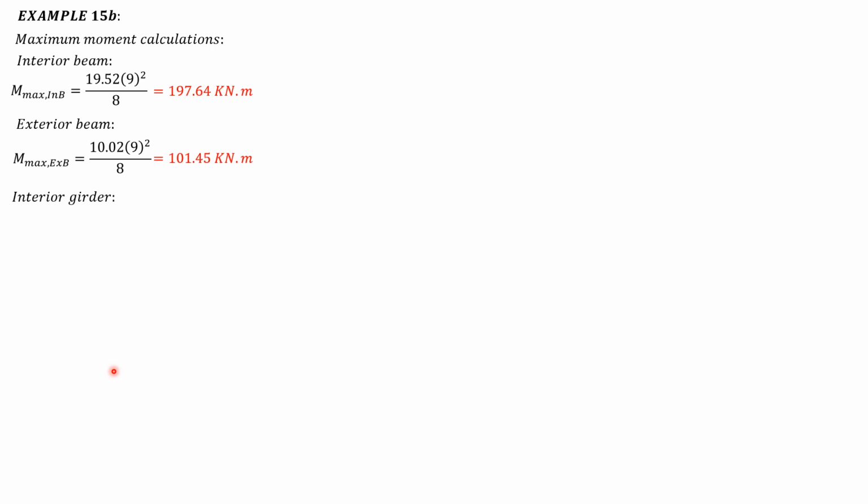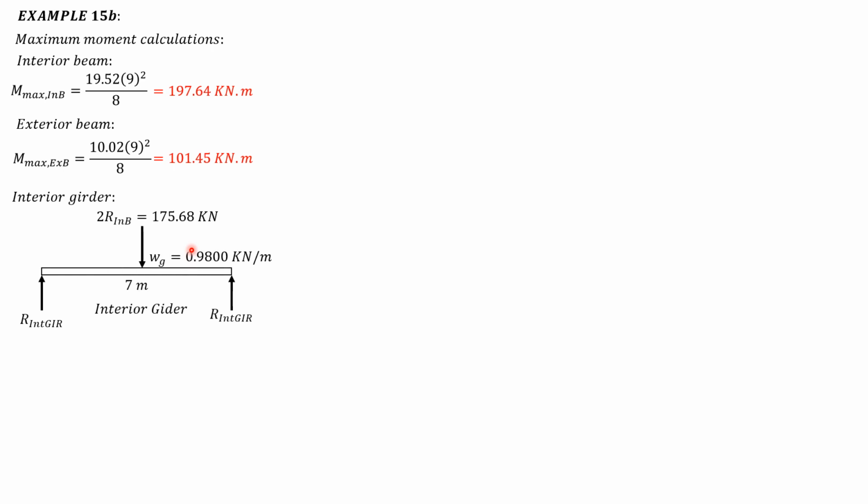So the maximum moment is equal to 0.98 times 7 square over 8 plus PL over 4, so 0.98 times 7 square over 8 plus 175.68 times 7 over 4. So maximum moment for the interior girder is 313.44 kilonewton meter.